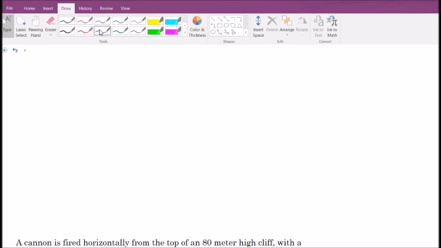Projectile motion, in its most basic sense, is the motion of any object that is thrown or projected or hit or whatever it might be, with only one force acting on the ball or the object.